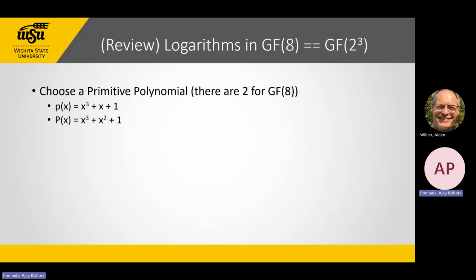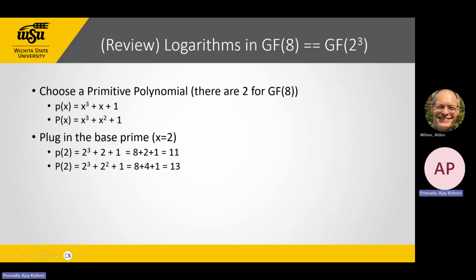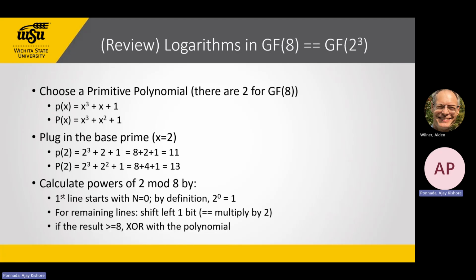We are just reviewing from the last lectures. Choose a primitive polynomial. There are two for Galois field 8. These are the two primitive polynomials we have, and we'll just plug in 2 in place of x. We'll get 11 and 13 for the two primitive polynomials, and calculate powers of 2 mod 8, because we are considering 8.